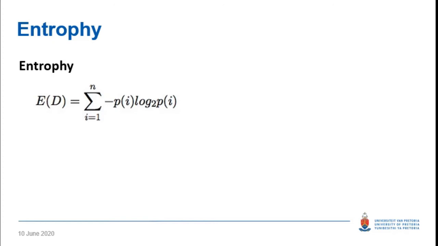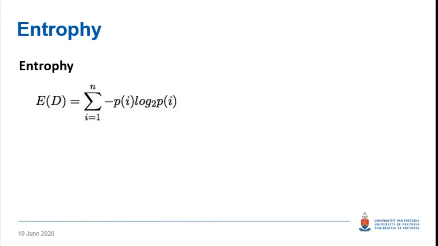Basically what happens is the entropy is calculated by taking the negation of the probability of a particular class being in the set of instances, multiplied by the log to base 2 of the same probability. So if you look at the data set we've just looked at in the previous slide, there are 14 instances, and some of those instances belong to the class yes and some to the class no. So that would actually be used to calculate that p i value.